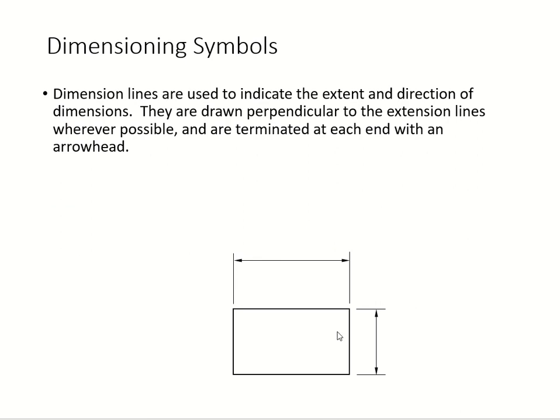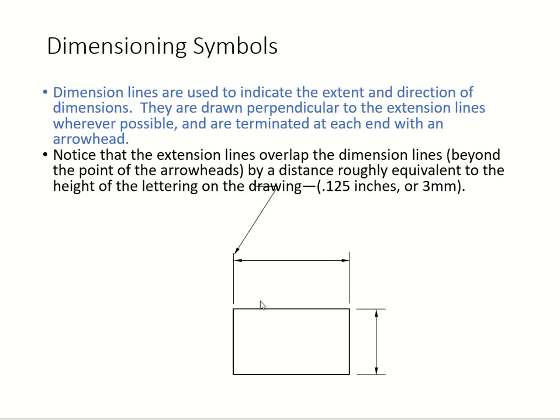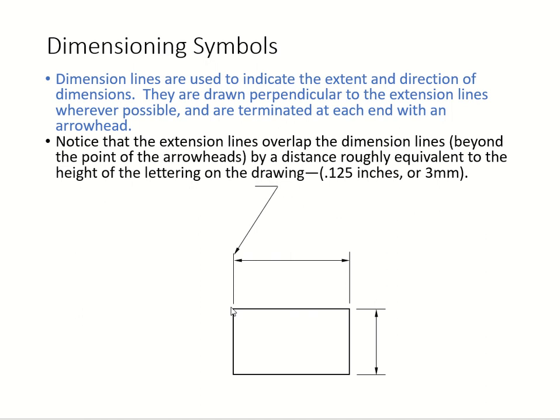Okay, so here now we can see it's perfect. Gap, gap, gap, gap, extension lines, and then dimension lines, and we have our arrowheads at the end, terminated with the arrowhead. Then the next thing to pay attention to: we have already drawn this extension line and put in this dimension line.